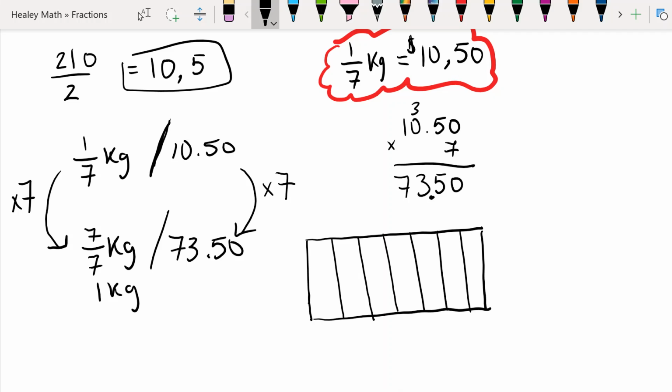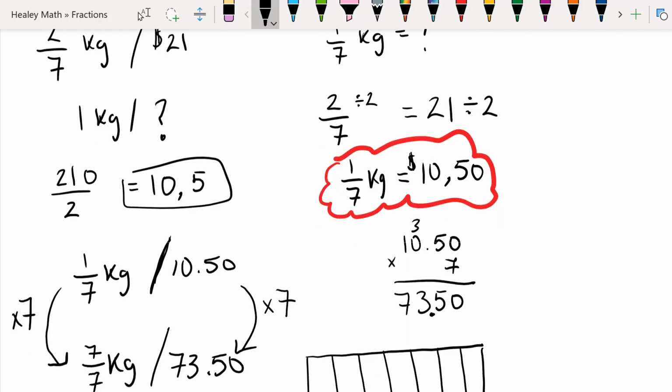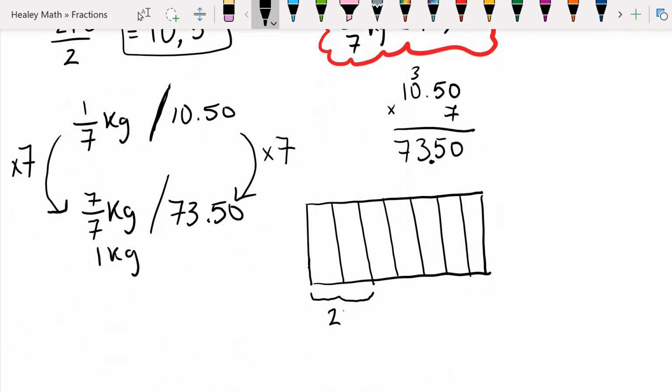We have 7 pieces that should be looking even, and 2/7 is 21.